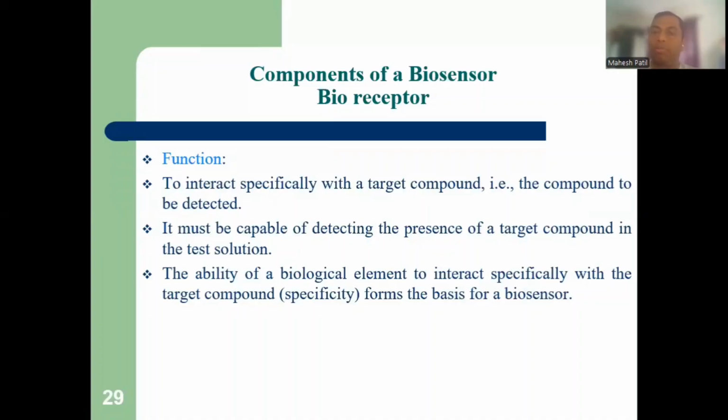The bioreceptor has to be able to detect the presence of my target compound in a given solution, as in the example we already saw. Next, the biological element should have the ability to interact specifically with the target compound. So it should also have specificity. This specificity forms the basis of my biosensor, so it is one of the most important characteristics.